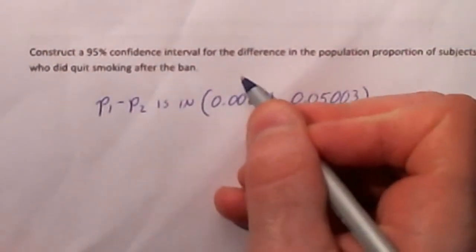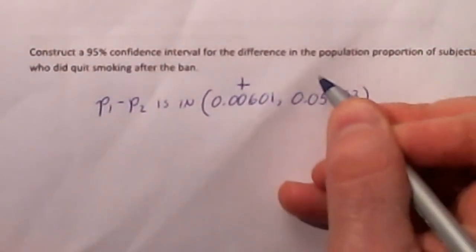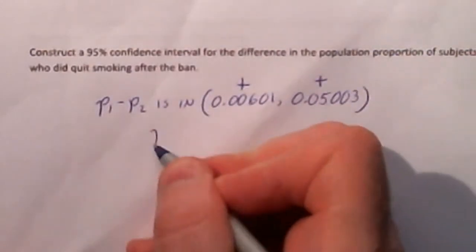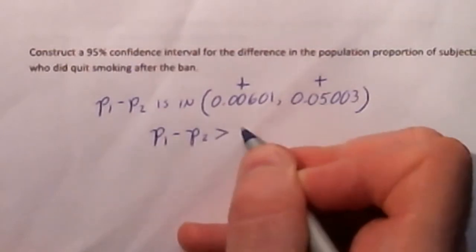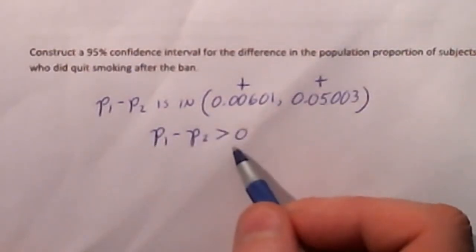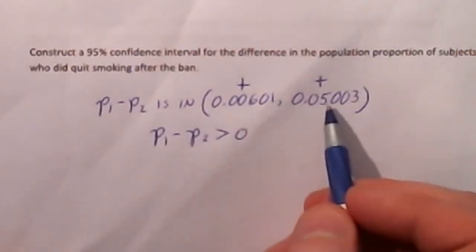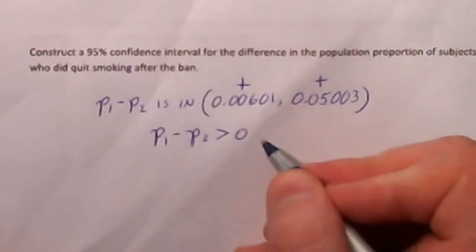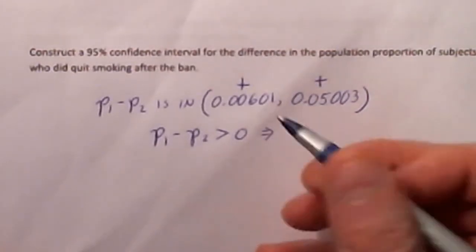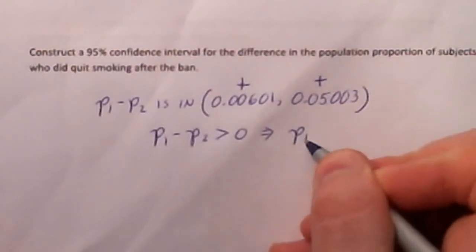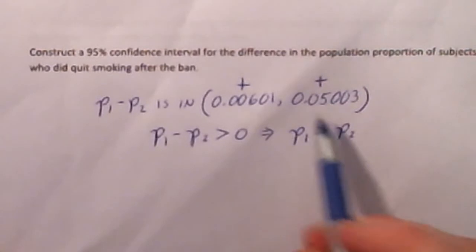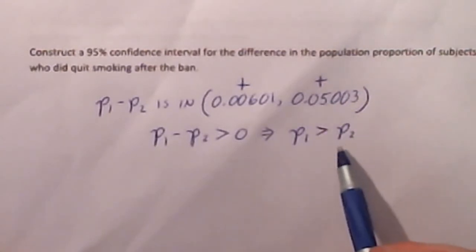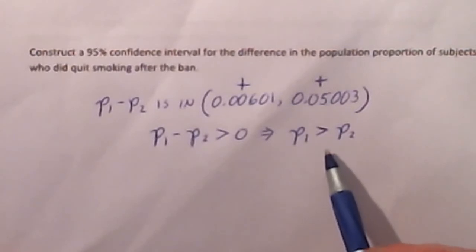And again, ladies and gentlemen, notice these endpoints of this confidence interval are both positive. That would suggest that the difference between these population proportions is greater than 0, meaning it is positive, because the endpoints of the confidence interval are positive. So that being said, this is saying then that population 1's proportion is greater than population 2's proportion. That's what this confidence interval is saying, and we're 95% confident or certain in saying such a thing here. Okay.